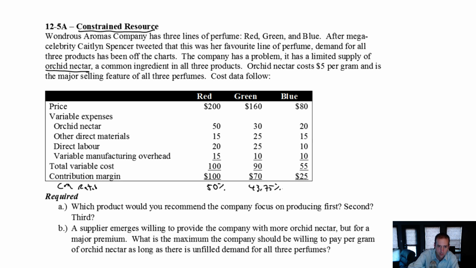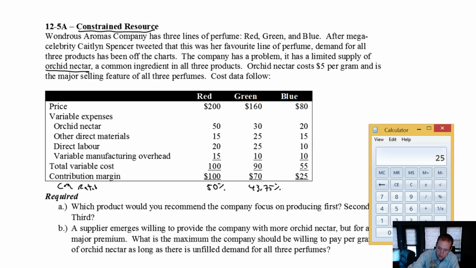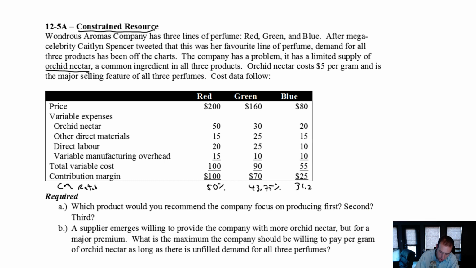And 25 divided by 80 is 31.25%. So you might think, okay, well, highest CM ratio means the highest percentage markup. We'd like to sell red the most as well. And normally we would like to sell them in that order: red first, then green, then blue. However, we're short on orchid nectar.